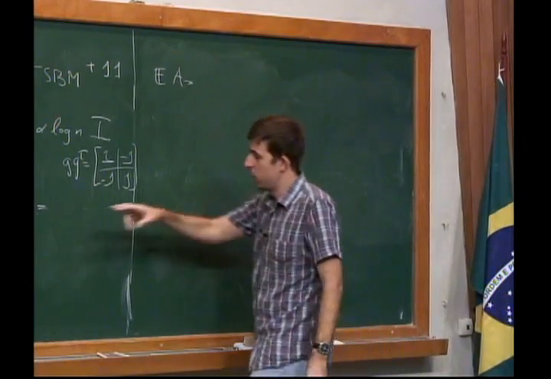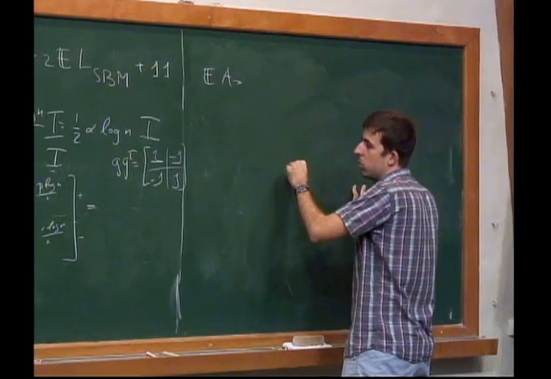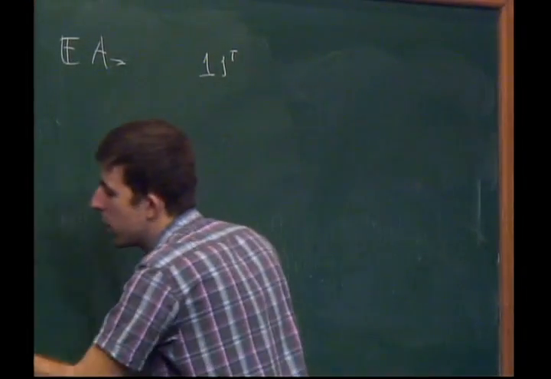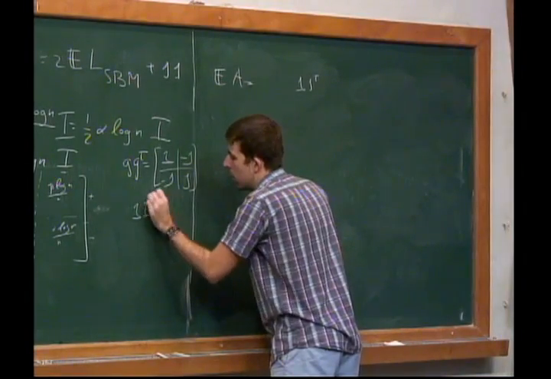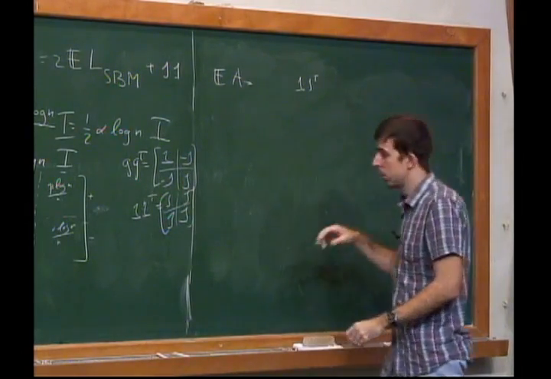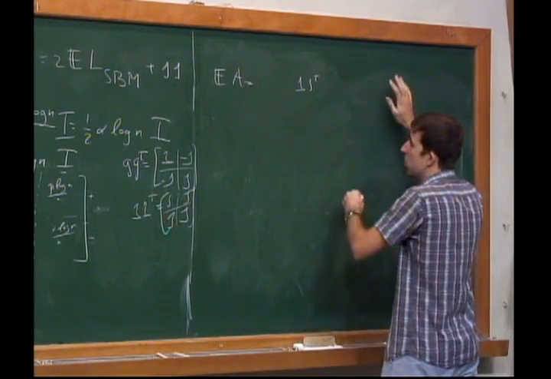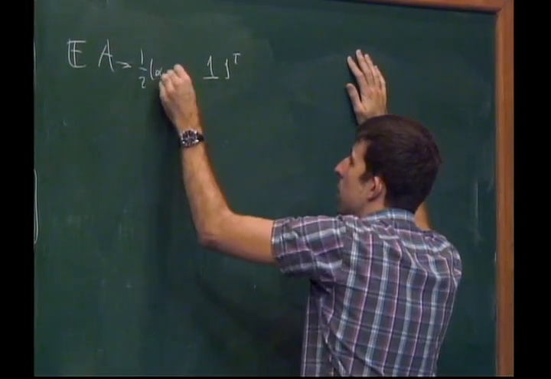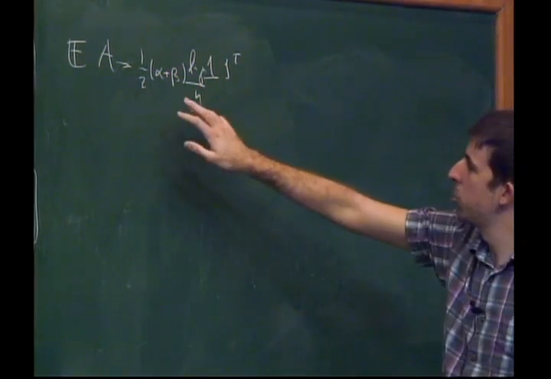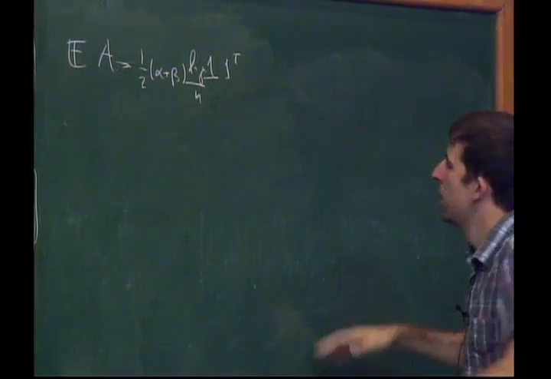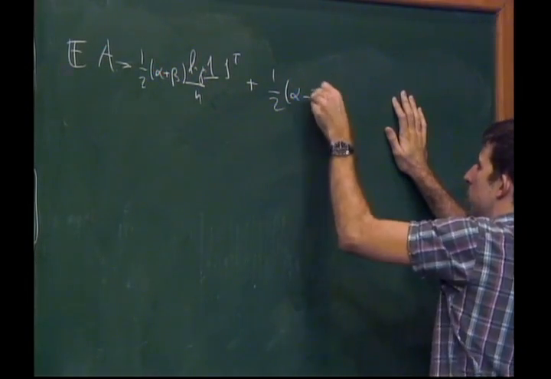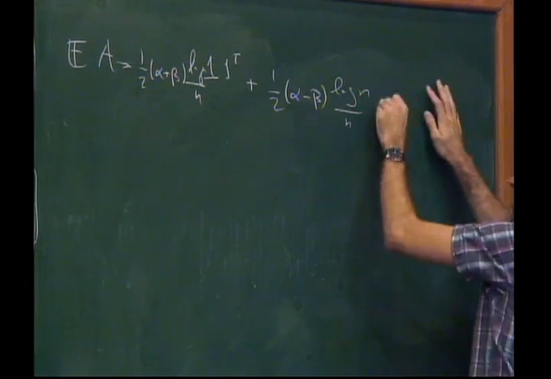It should be easy to see that if I do 1 1 transpose, same thing with ones, I can write this as a linear combination of these two. So in expected value, you see alpha plus beta over 2, so you get alpha plus beta over 2 times log n over n, 1 1 transpose. This puts alpha plus beta half everywhere. And then you add alpha minus beta over 2 times log n over n, GG transpose.